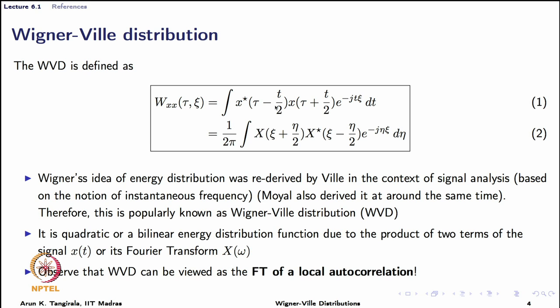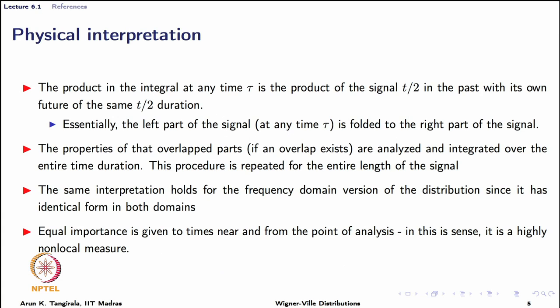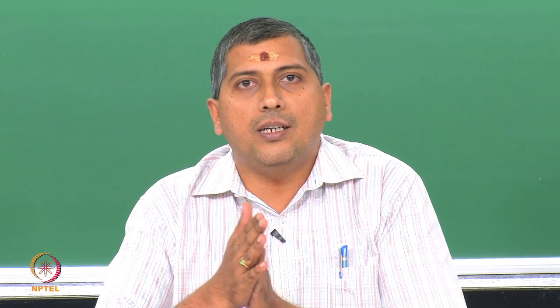Okay, so, let us understand what is happening here physically. When I am computing the Wigner-Ville distribution, I need to understand what is happening. Like in the short time Fourier transform, I know what I am doing: I am essentially breaking up the signal into a bunch of sine waves and determining how much each sine wave is present in the signal and at what time. Here, if you look at the product in the integral, at any point in time I am looking to the left and to the right of the signal.